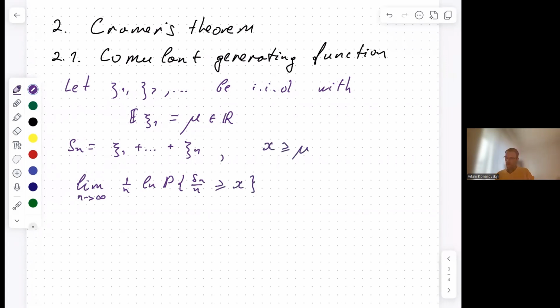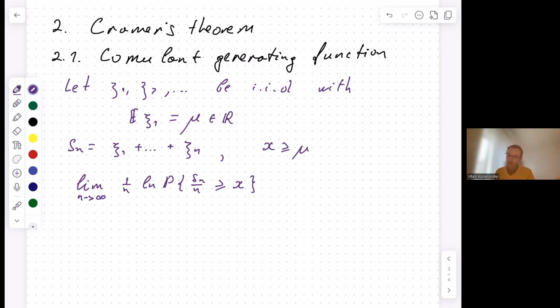It is like before, last time, we considered two cases. One case when x was larger than expectation, and another when it was smaller than the expectation, and you have to consider that separately. We do the same here. By the way, here the limit cannot exist. Let me work with upper limit or lower limit.